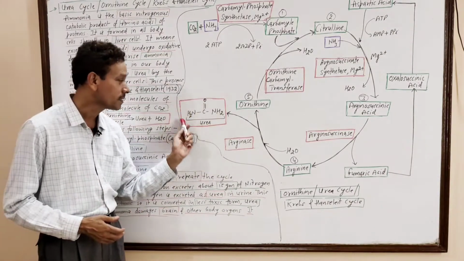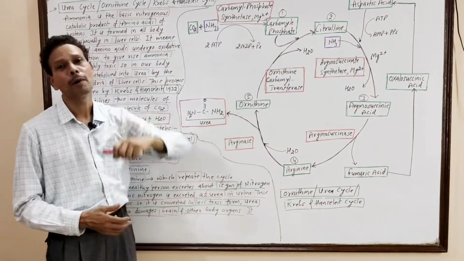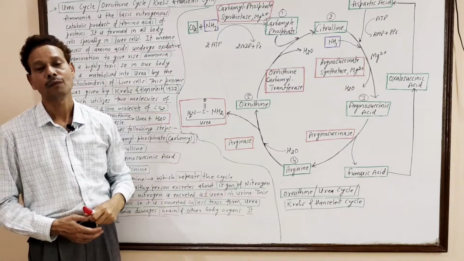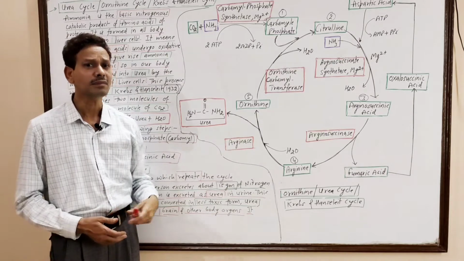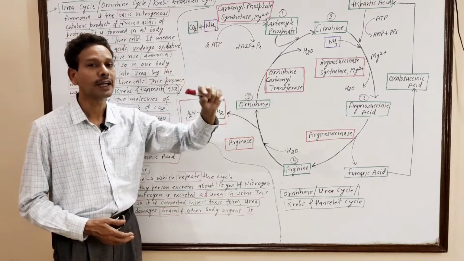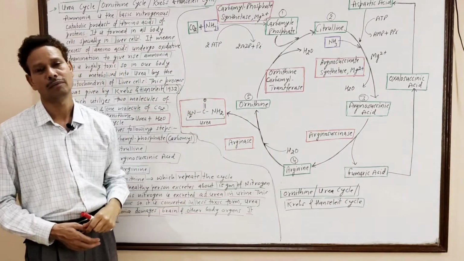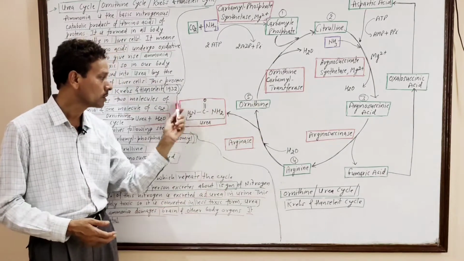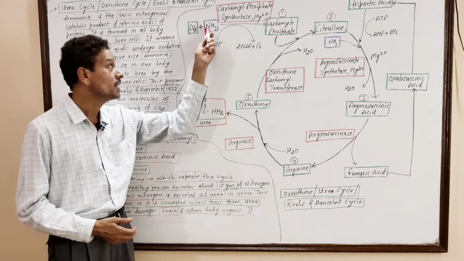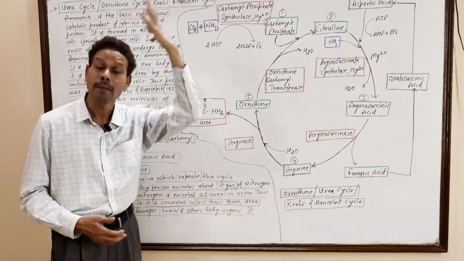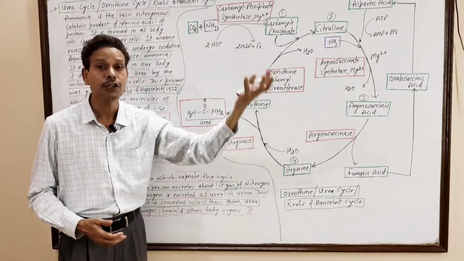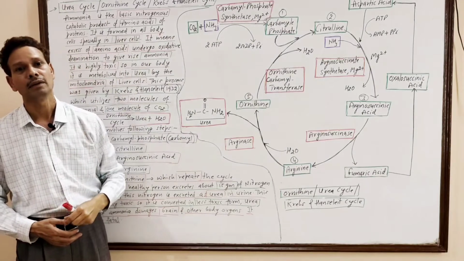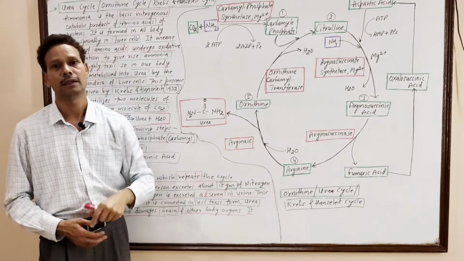Dear students, this most toxic compound ammonia, we cannot store it, so it is converted into less toxic form. If this process fails to produce urea, then this toxic compound damages our body cell tissues, particularly our brain, and it becomes fatal.